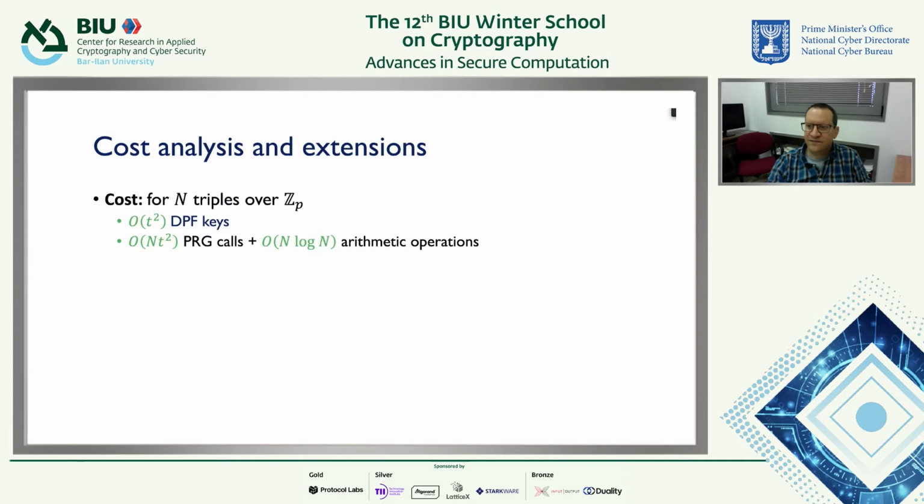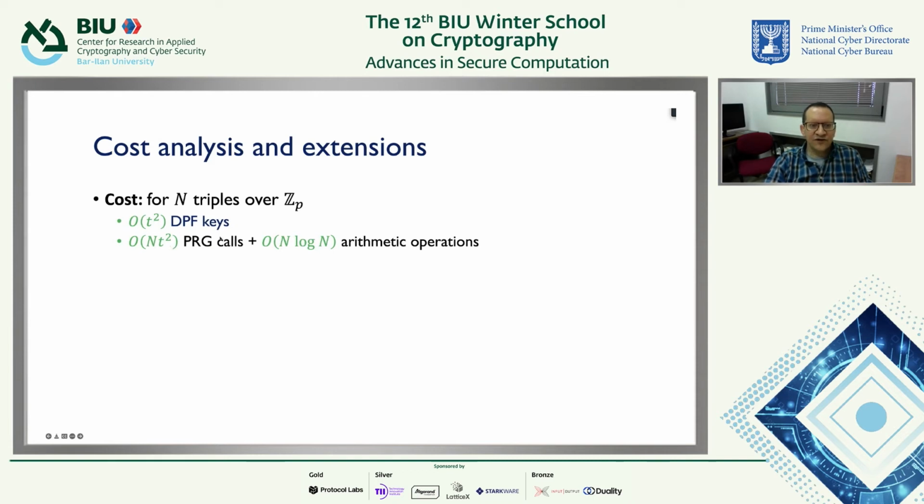correlation. Okay, so in terms of cost analysis, here the sparsity parameter is denoted by T. So we need order of T squared, with a small hidden constant, DPF keys. Here we cannot use a PPRF. We don't know how to use a PPRF. We have to use a DPF.